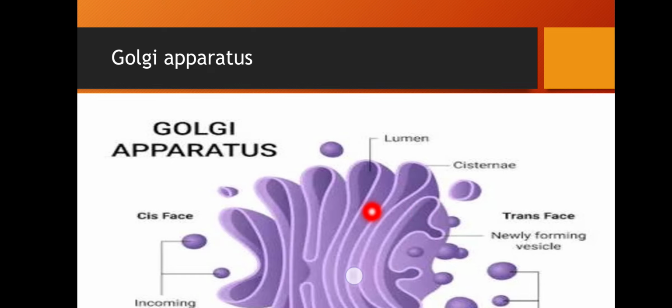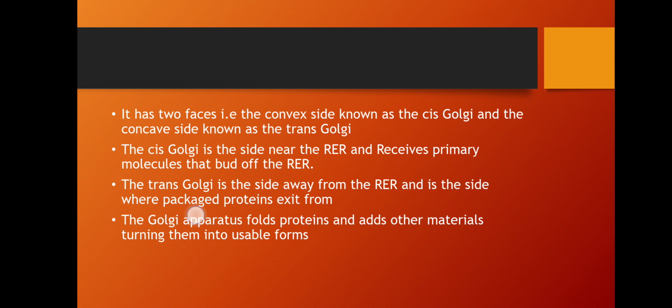Then at the trans face, after these proteins have undergone modification within the lumen and the cisterns of the Golgi apparatus, they are released as newly formed vesicles. So it has two faces: the convex side known as the cis Golgi and the concave side known as the trans Golgi.